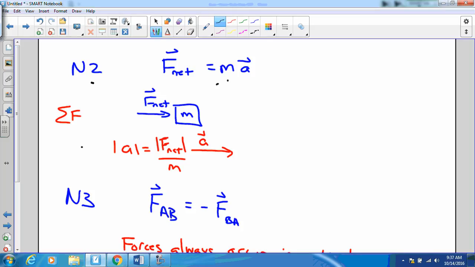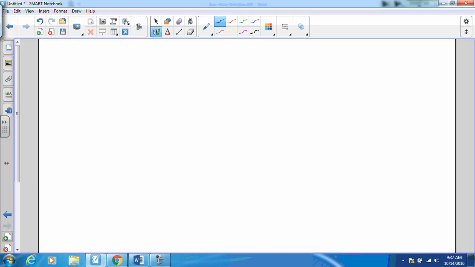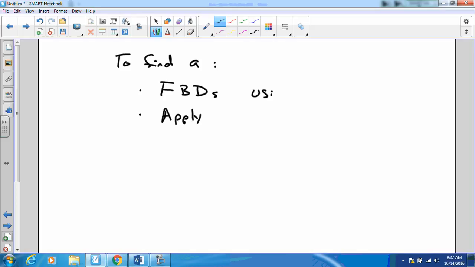What these three laws do for us is they give us a framework for problem solving, and our framework is going to be like this. If I want to find the acceleration of an object, then I'm going to first create free body diagrams, carefully showing the forces acting on the object, and in particular, I'm going to use Newton's third law as a guide to my free body diagrams.